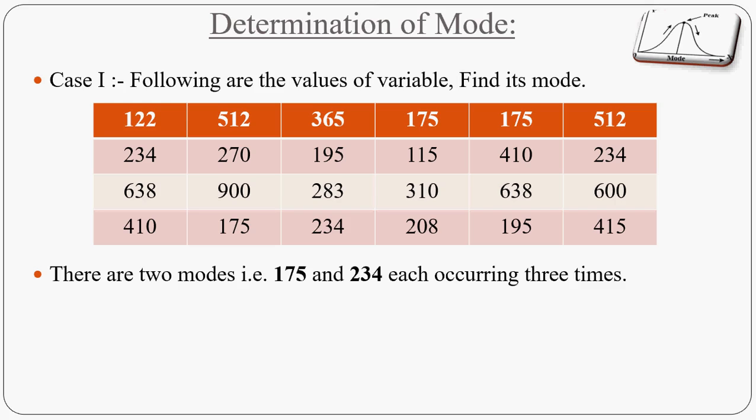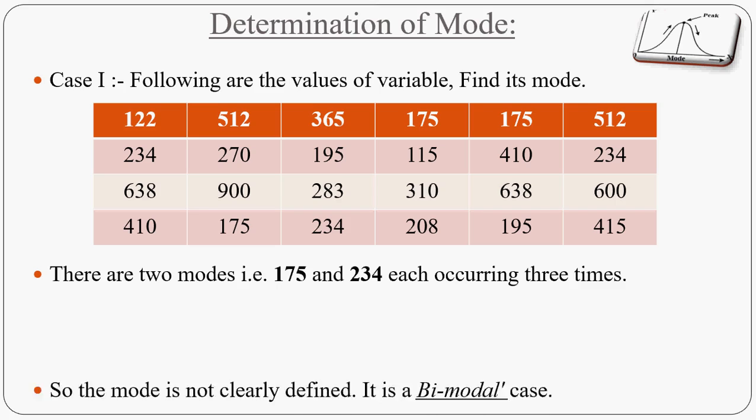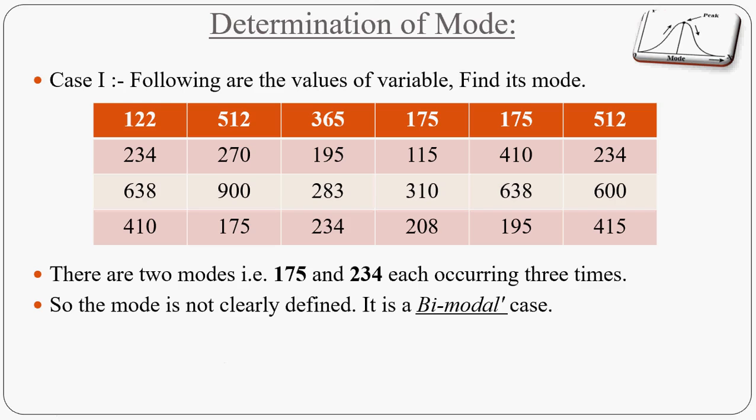So when there are two, what is this type of mode called? Bimodal. Whereas in the previous example, only one value occurred more number of times. Bimodal means two values are occurring an equal number of times.